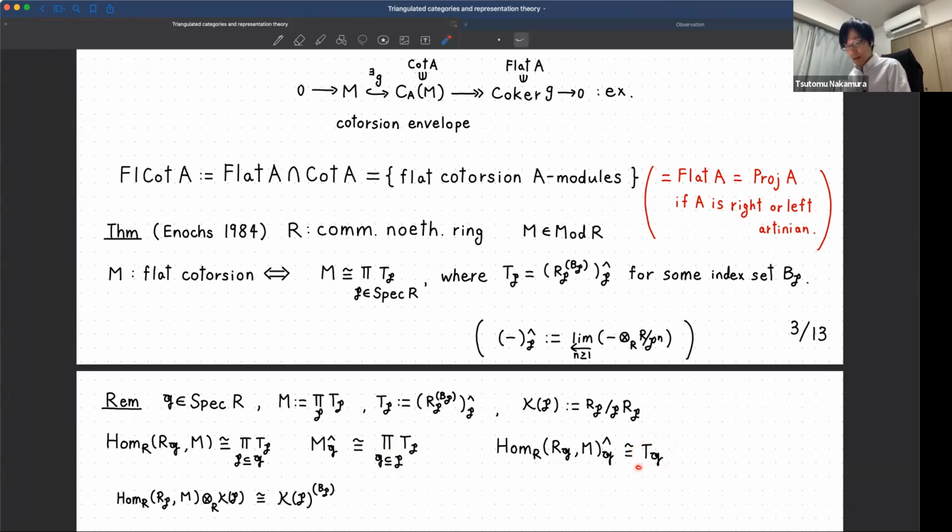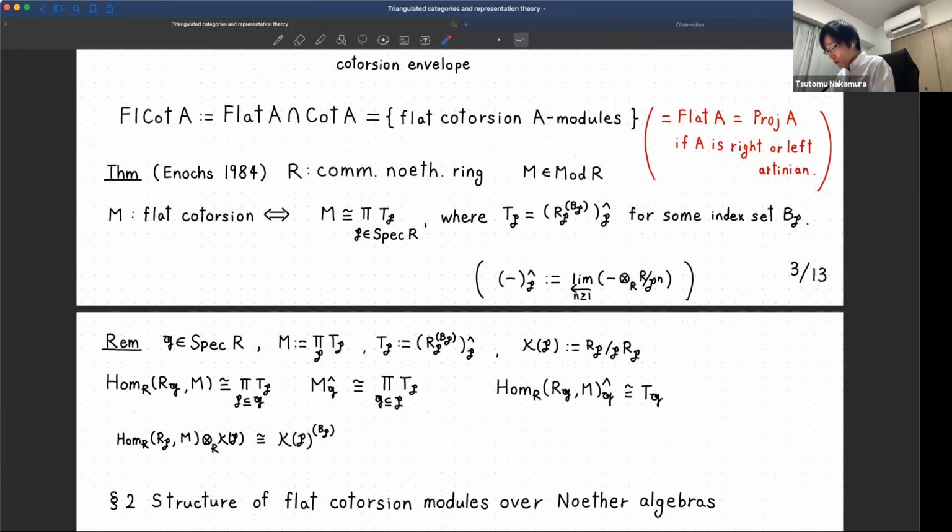This technique is useful because sometimes we can reduce a proof to single components, especially when we treat complexes of flat cotorsion modules over a commutative Noetherian ring.